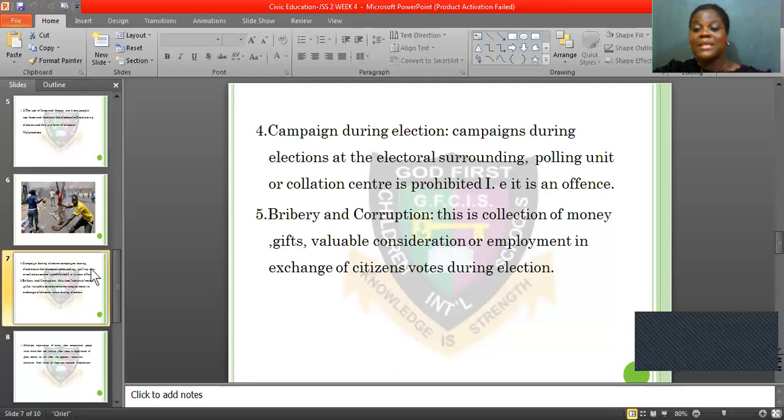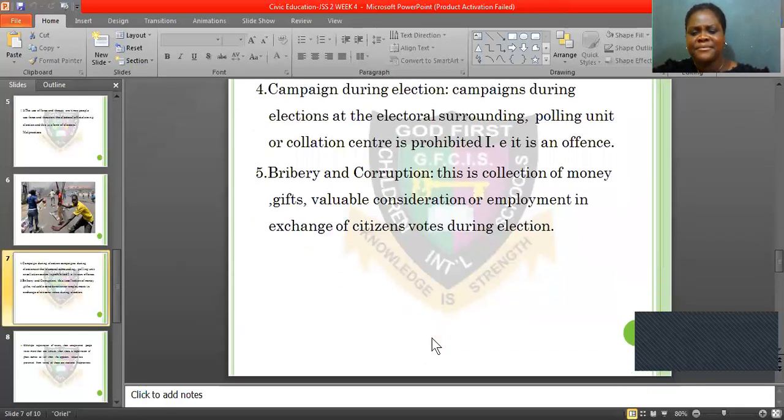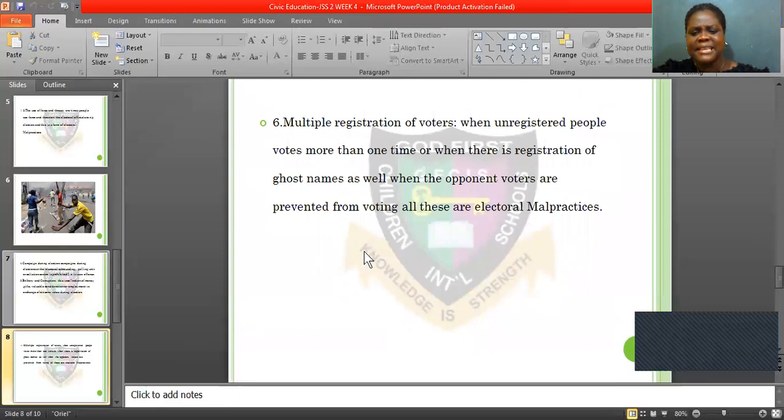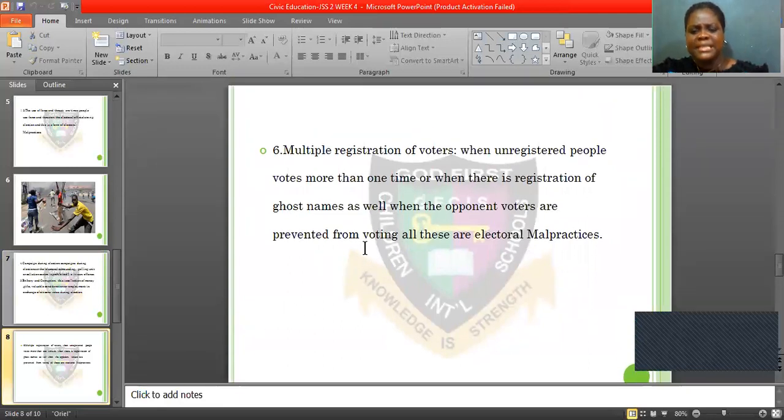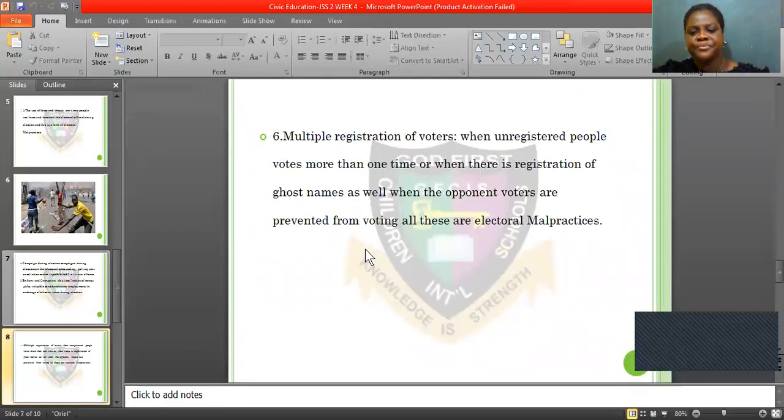just to entice people, so that the people will think, this one will take care of us when they get to power, not knowing that this one will first of all get back his money when he or she gets to power, before he will even remember them along the line. So these are the things. Another one is multiple registration of voters.